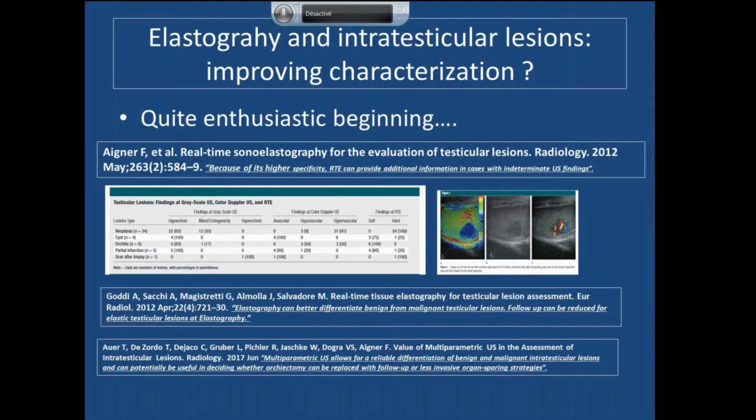But it depends on which patients are included, and what those supposedly benign lesions are. Because if you include in these results testicular cysts, which are obvious on B-mode, the results will change compared to the inclusion of only a Leydig cell tumor, for example.